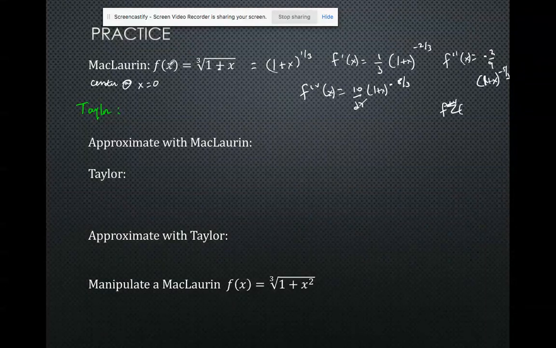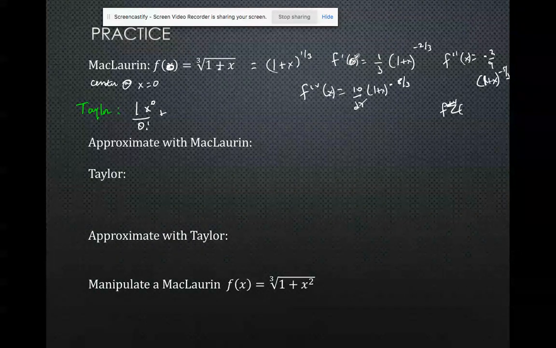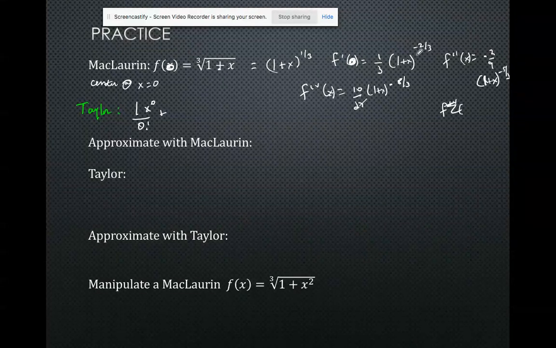So plug in 0 here, and I get 1, times x to the 0 divided by 0 factorial. Plug in 0 to the first derivative. 1 to the, I don't care, power is 1 times 1/3. So 1/3 x to the first over 1 factorial. Plug in 0 to the second derivative.